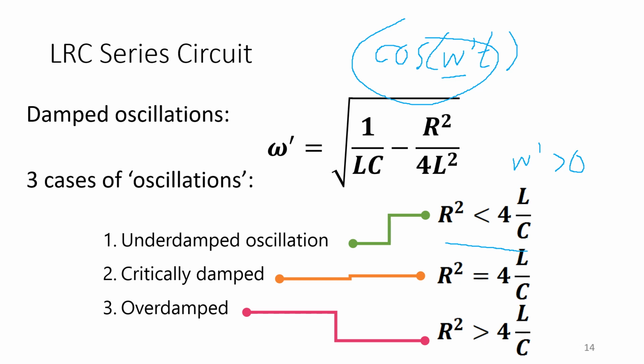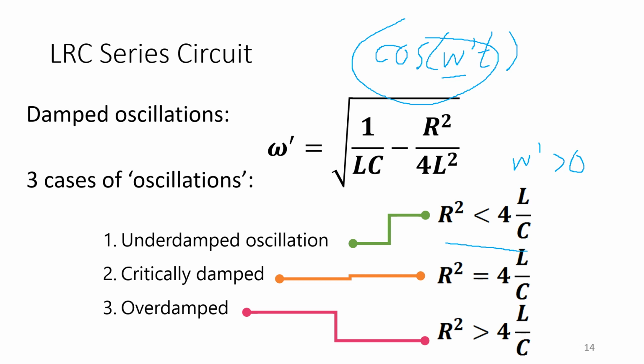This leads to an omega prime that is actually imaginary. Look at the omega prime. It is a square root, and square roots can never be negative, so we're not considering what happens if omega prime is negative. But what's inside here?